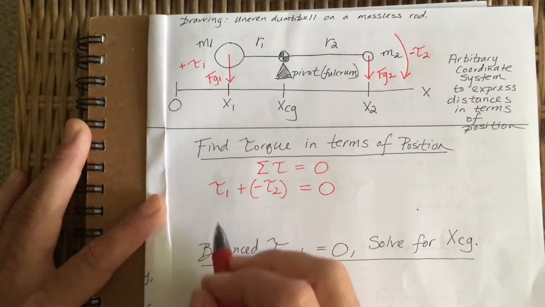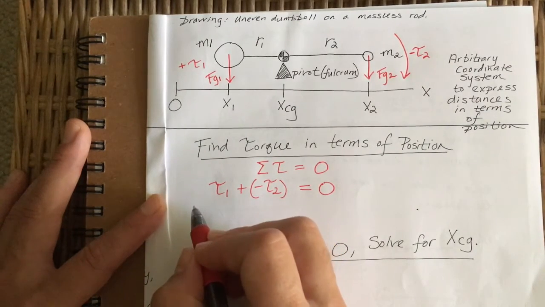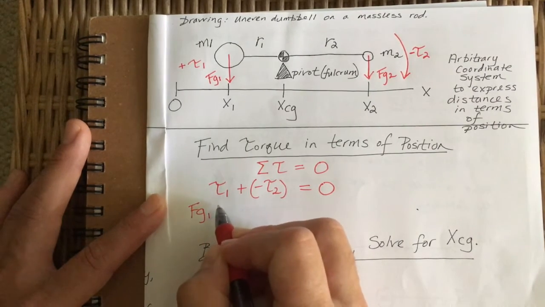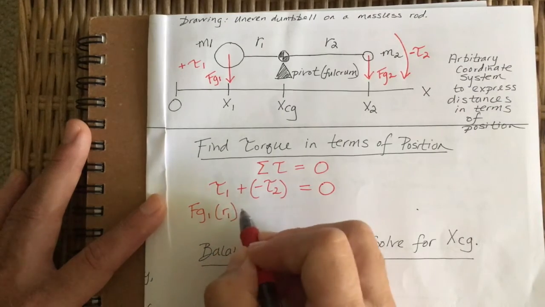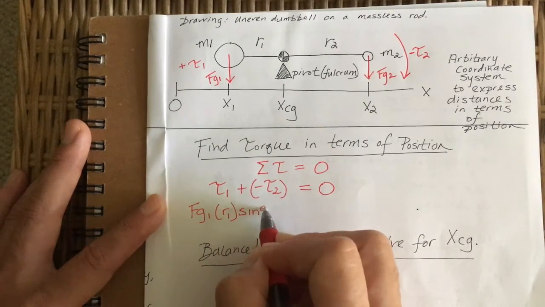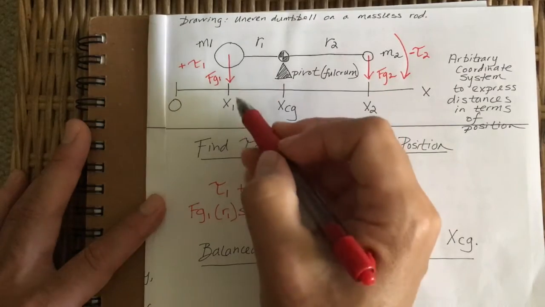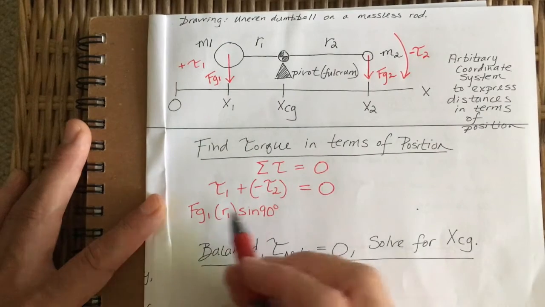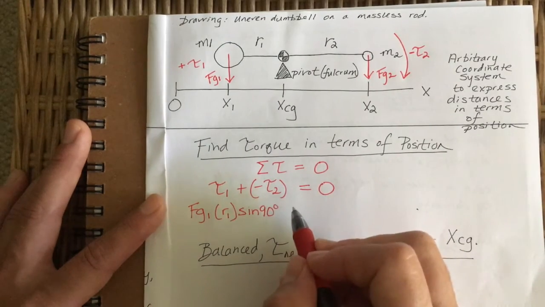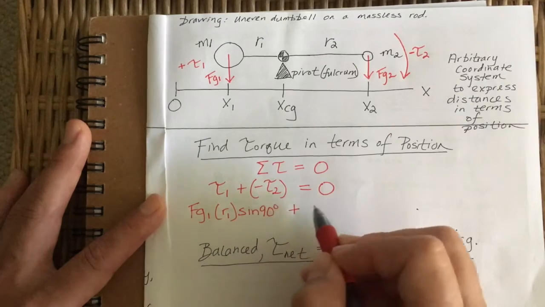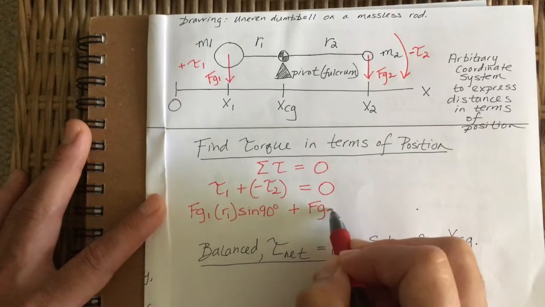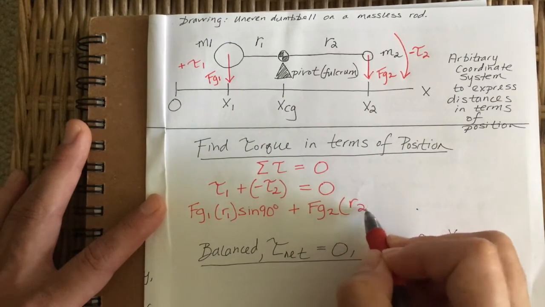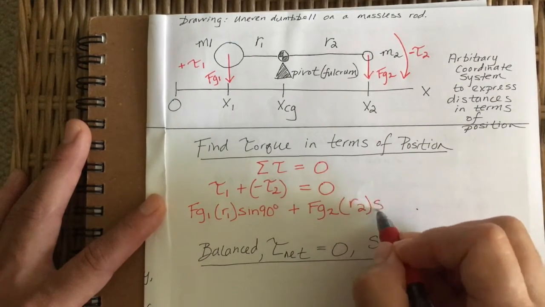Torque 1 is equal to Fg1 times R1 times the sine of 90, because this force of gravity is acting at 90 degrees to the distance from the axis of rotation, so we're expecting maximum torque here. On the other side, we're going to add this to Fg2 times R2 times sine 90.